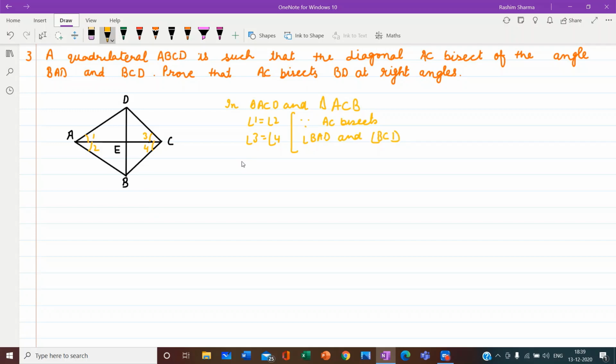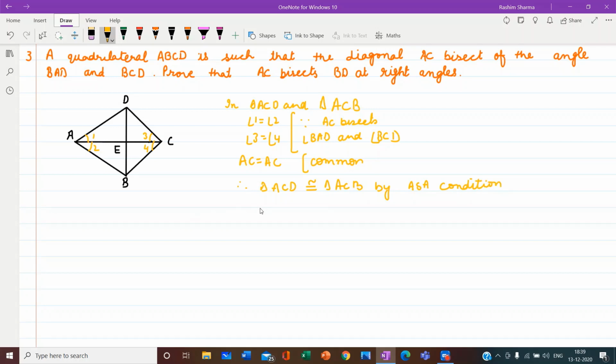Alright, then we can see AC is common side. So AC is equal to AC. Triangles have become congruent. Therefore, triangle ACD is congruent to triangle ACB by ASA condition, two angles and included side here.